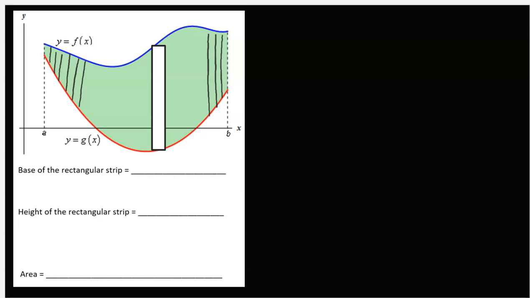So we can see that the base, we would take the length b minus a, that is coming from A to B, and then we divide it up into n rectangles, so divided by n, and that would be how long that base is.